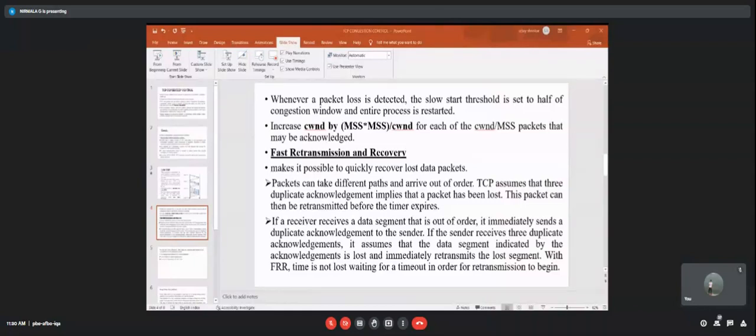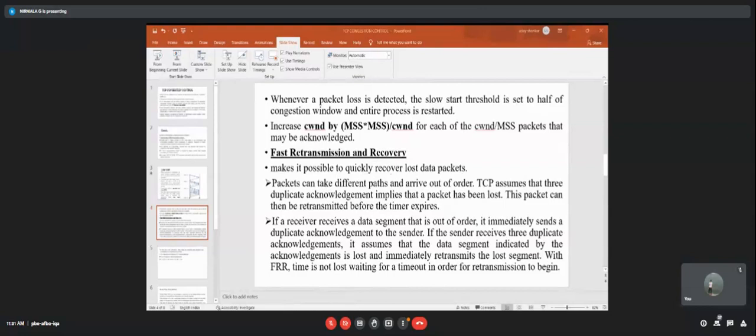When it grows exponentially, it allows more packets to be transmitted in that particular clock cycle. If the congestion window size is large, since there are more packets in the network, there is a cause of congestion. When such cases are detected, the congestion window value will be reduced to half in order to control the congestion. That is the process with the slow start mechanism.